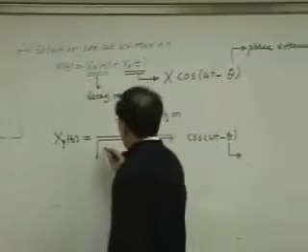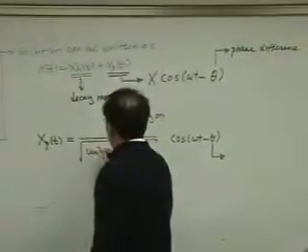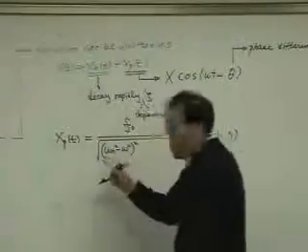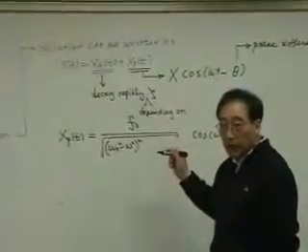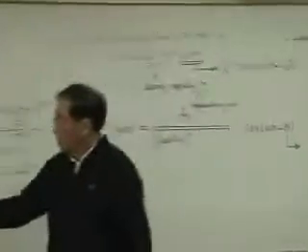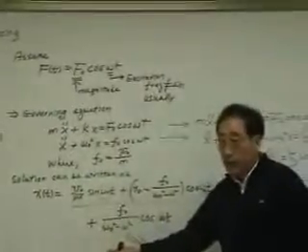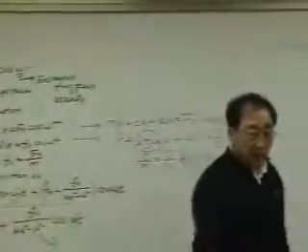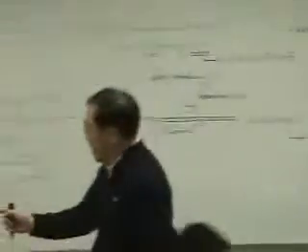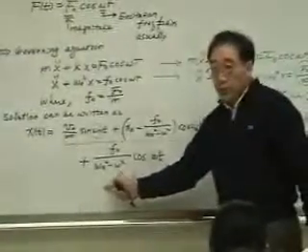Okay? And this has the form omega n square minus omega square, squared, because I have a square root over here. Therefore I have this one, right? But this magnification factor has to be controlled by the damping. In this case, there's no damping.